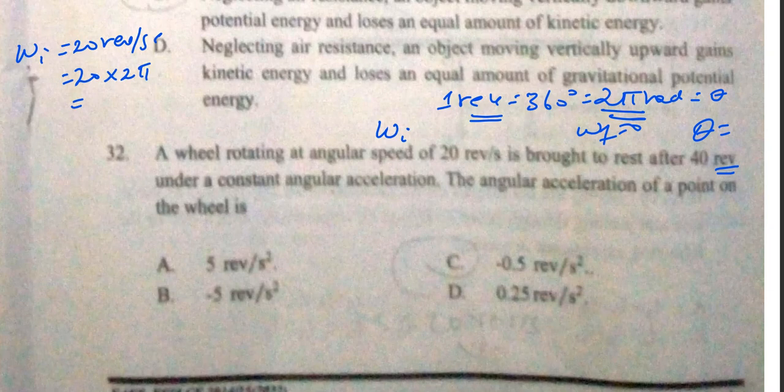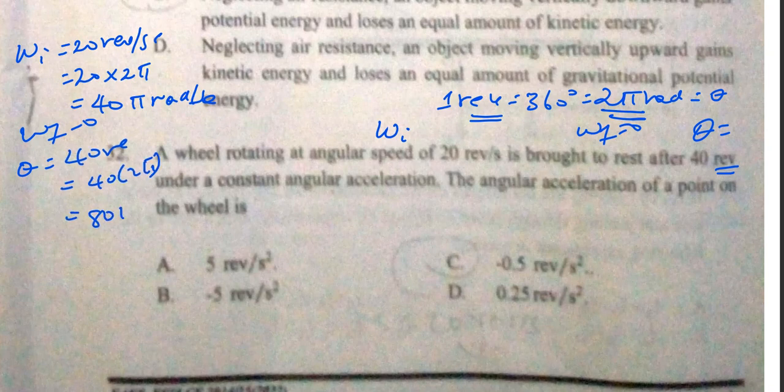which is equals to 40 pi rad per second ማለት ነው. Then angular final is equals to 0, theta is equals to 40 revolution which is 40 times 2 pi ስናባዛው 80 pi rad.